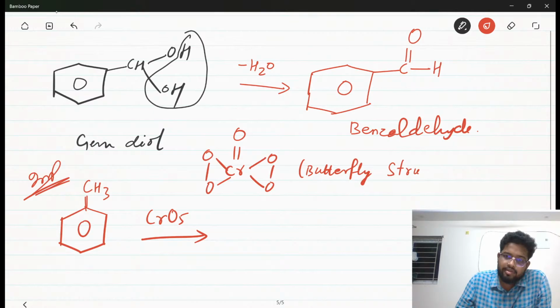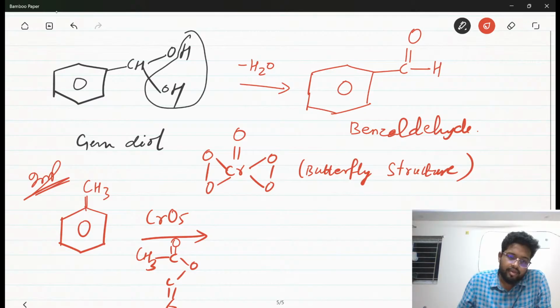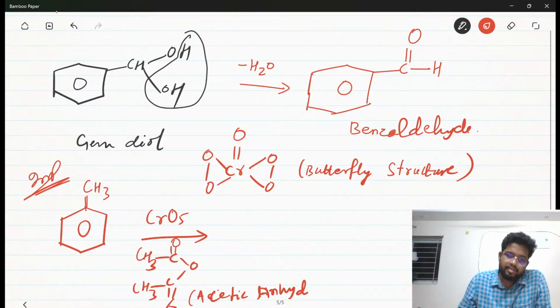Butterfly structure. Now this CrO5 in presence of acetic anhydride. What is this? Acetic anhydride, the first member of the anhydride series.